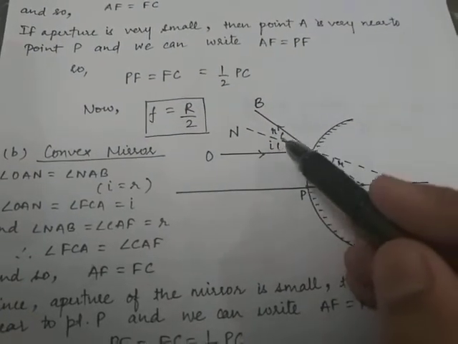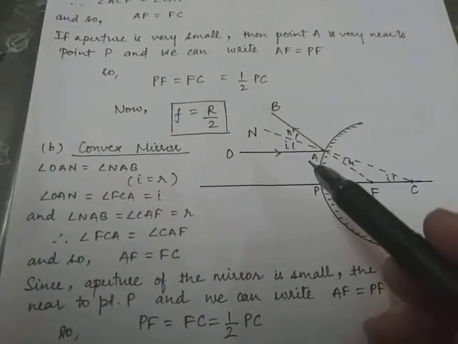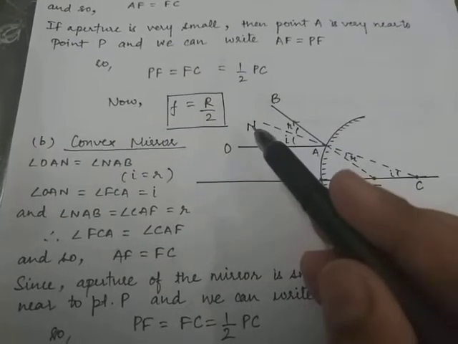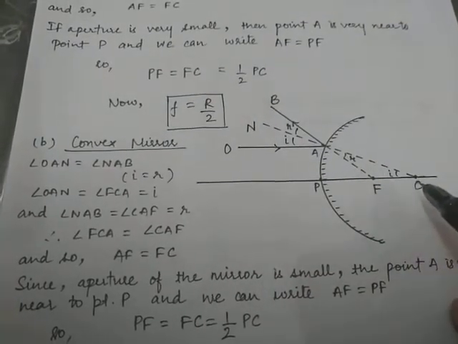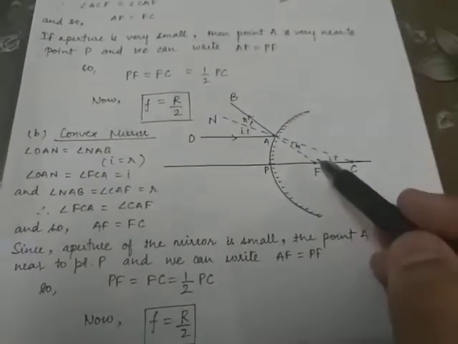So I is equal to R, law of reflection. Then next, angle OAN is equal to angle FCA. They are corresponding angles. Both are equal to I.